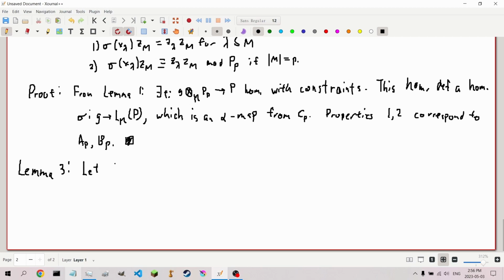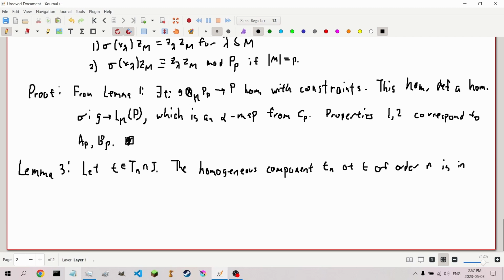We're going to let T be a tensor in the intersection of Tn with J. The homogeneous component Tn of T of order n is in the kernel, which we're going to call I, of the canonical homomorphism from the tensor algebra to the symmetric algebra.